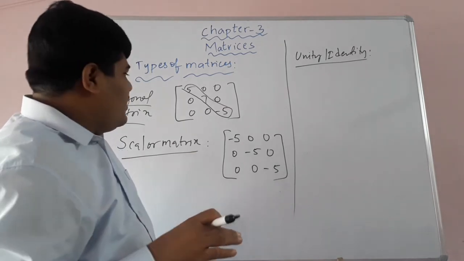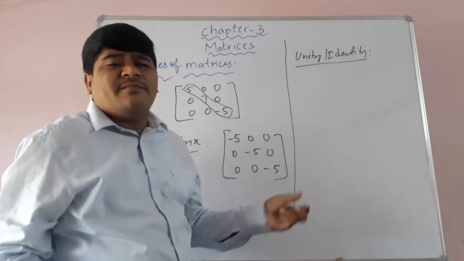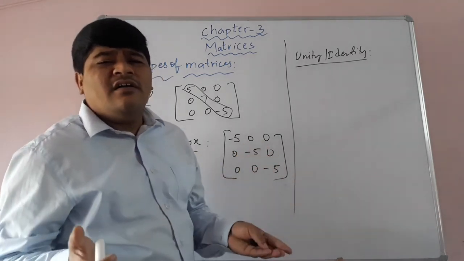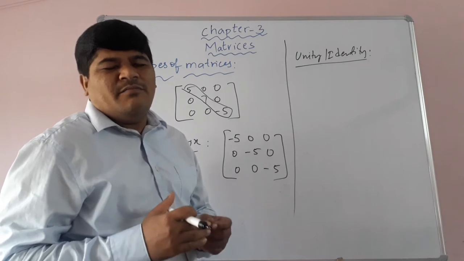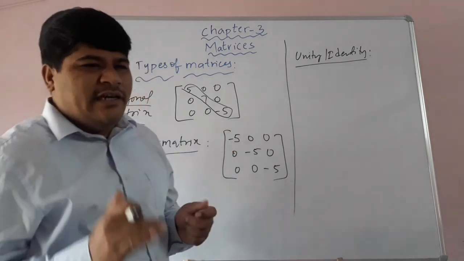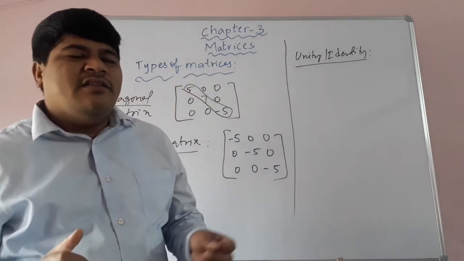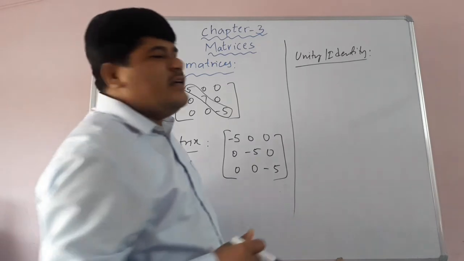Here, in a scalar matrix, all diagonal elements are equal. If all the elements in the diagonal are 1, then that is said to be a unity or identity matrix, children.